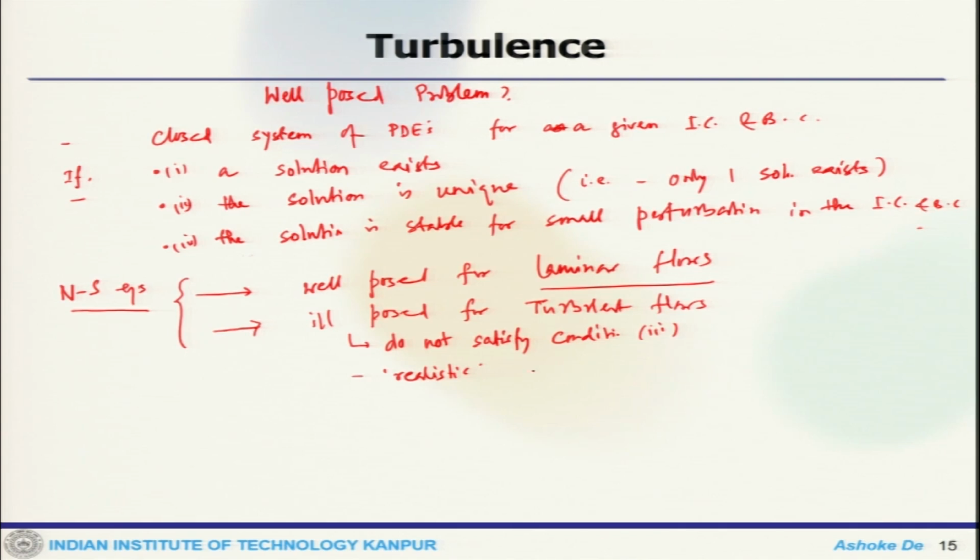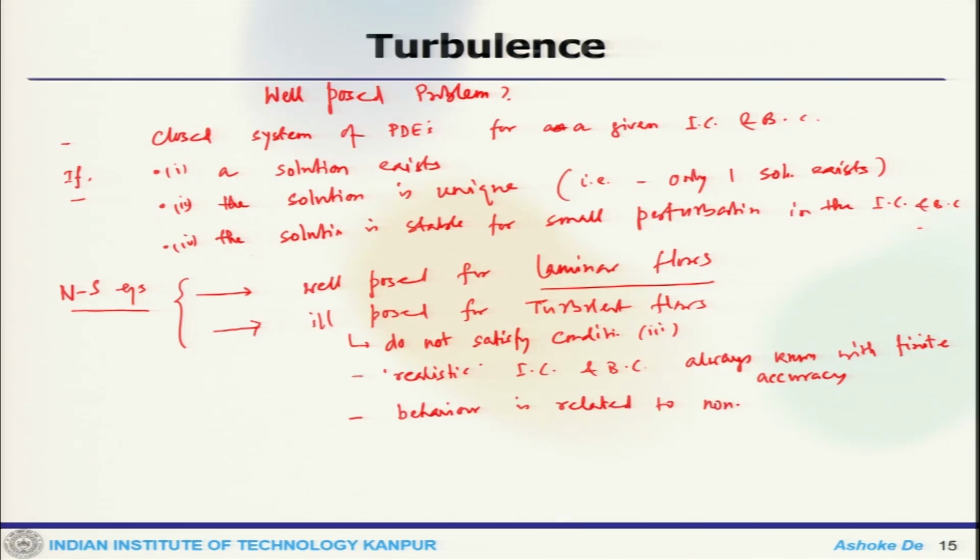So, which means the realistic initial condition and boundary conditions are always known with finite accuracy, and also the behavior is related to the non-linear term in the Navier-Stokes equation, which is uj del ui by del xj.